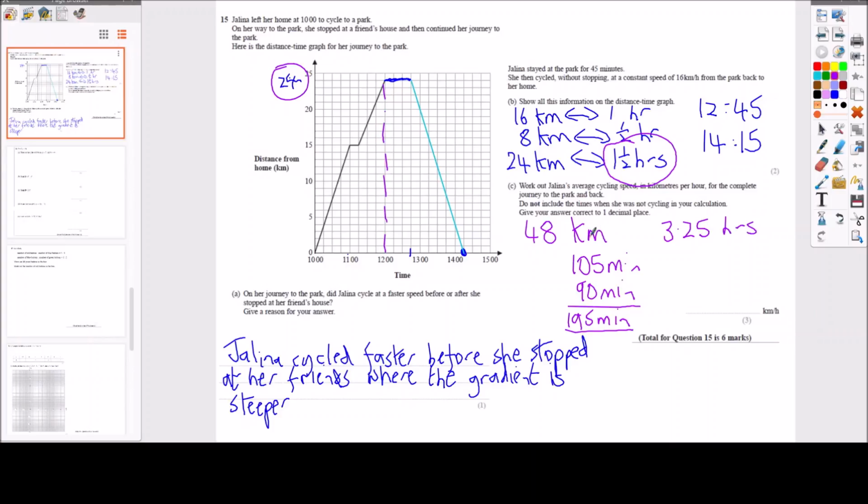So 48 kilometers taking 3.25 hours. To work out the average speed, we're going to do 48 divided by 3.25. Now that, before we round it, is 14.769... kilometers per hour. So to one decimal place, which the question requires, that's 14.8 kilometers per hour.